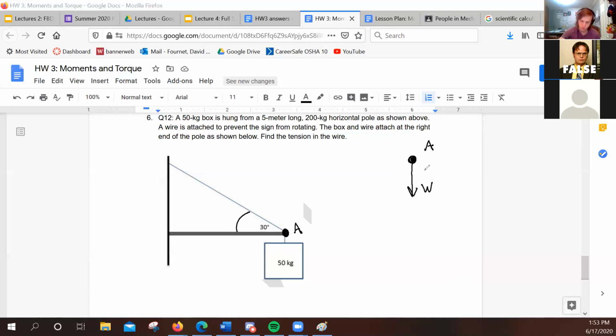And which direction would it be going? To the angle to the left. Yep. So since it tells us, we can see that it's 30 degrees, so we will say 30, and we will say it's a tension force. And then there's one more force.